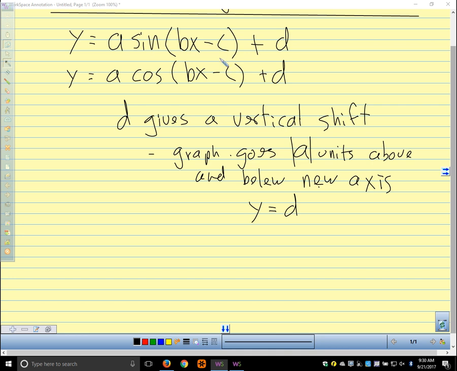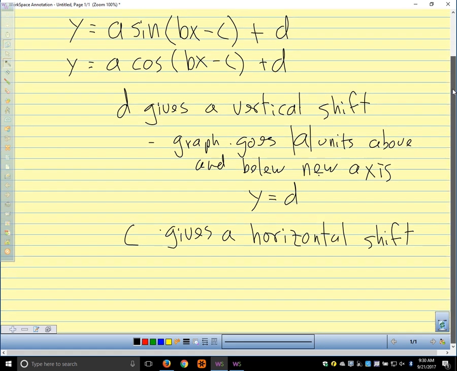And what does this c inside here do to our function? C gives us a horizontal shift. Now, we have to be careful when we have our function written like this because sines and cosines are periodic, the change in the period and the shift kind of get mixed together, and so we want to make sure we can see each of those separately.